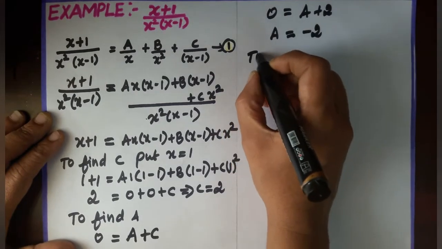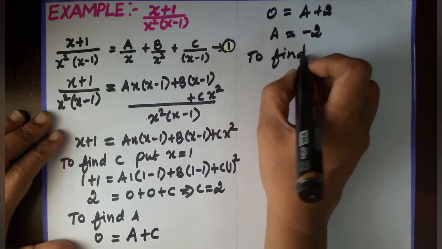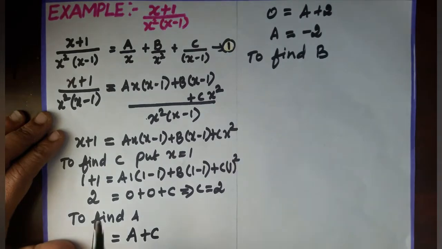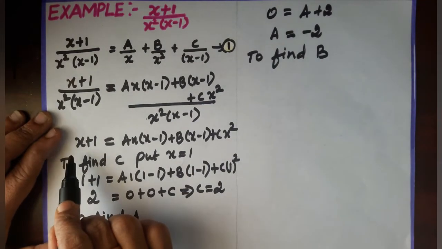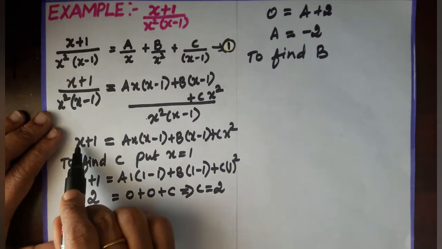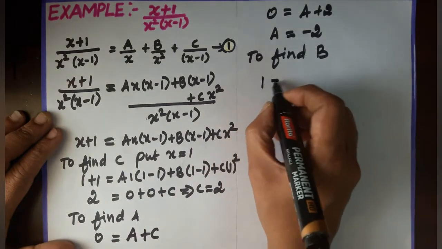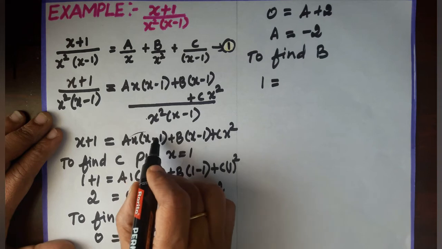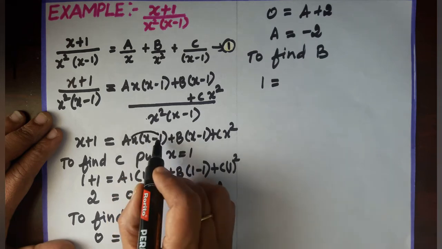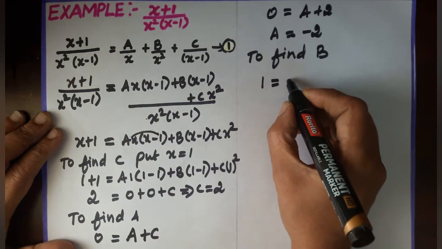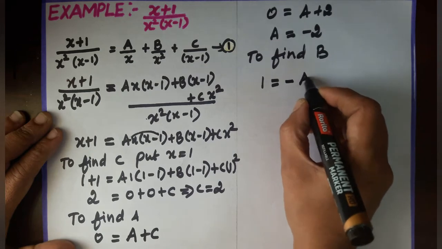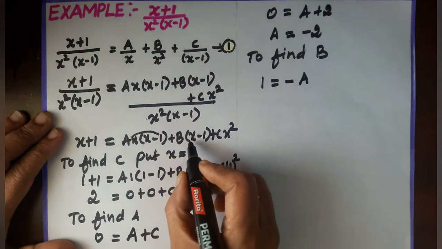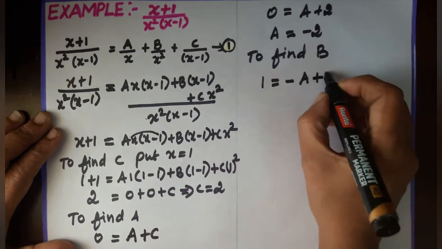Next I need to find b. To find b, I am going to equate the coefficient of x. Coefficient of x in the left side is 1. Equal to right side, first term we have the coefficient of x: ax into minus 1 is minus a. Coefficient of x is minus a plus second term bx, then coefficient of x is plus b.